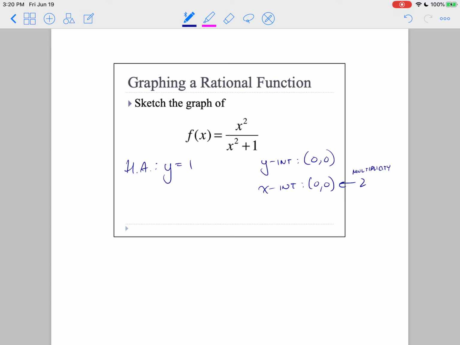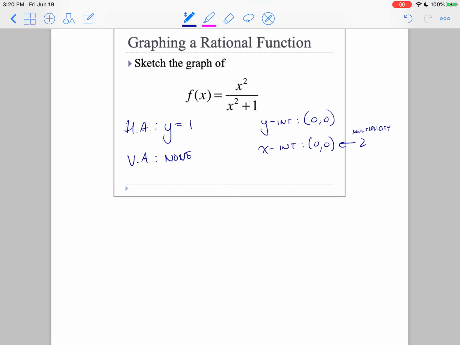I'm also noticing that the denominator is not factorable. And if the denominator is not factorable, that and the fact that I'm squaring a number and adding 1 to it, there's no way I'm going to get 0. So there are no vertical asymptotes for this problem. And so what do we have here?